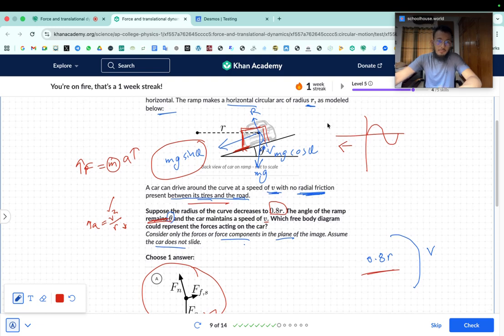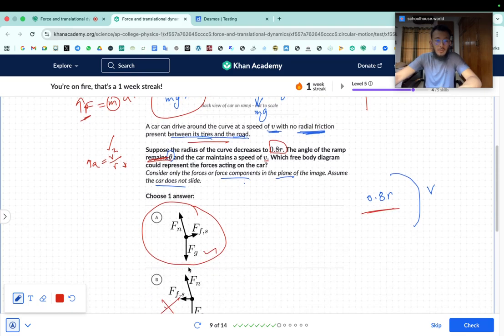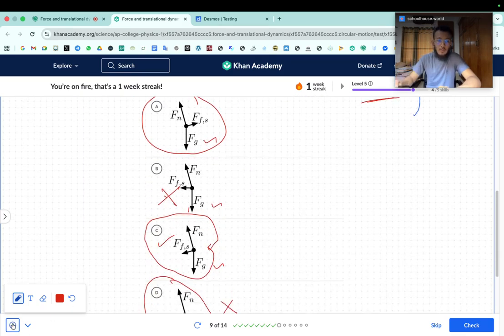So we don't need this because theta remains the same. We need a component of something added to this in order to increase the resultant force, and this is the friction. So it must act in this direction. So C should be our answer.